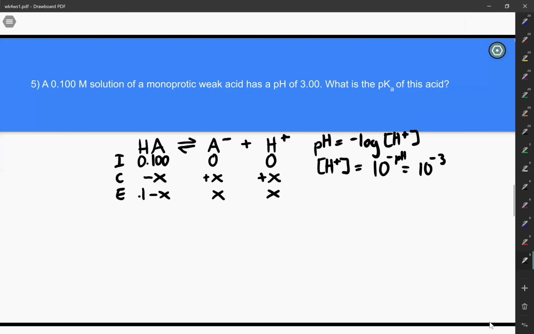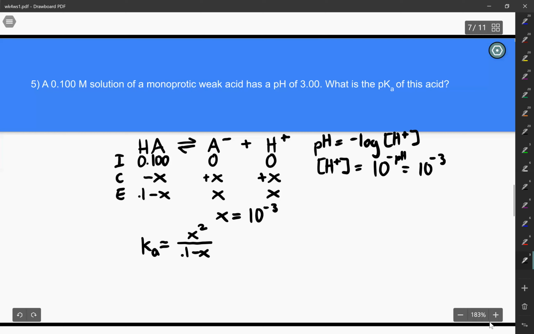So if H plus concentration is 10 to the negative third at equilibrium, we can assume that X is also equal to 10 to the negative third. So now we can form our Ka equation, and our Ka would be equal to X squared over 0.1 minus X. And because we know that X is 10 to the negative third, we can put 10 to the negative third for X, and 0.1 minus 10 to the negative third.